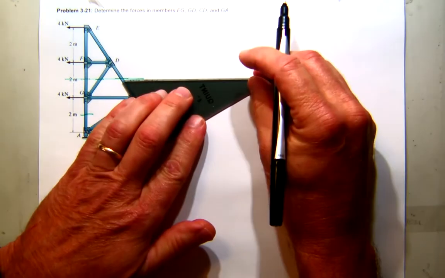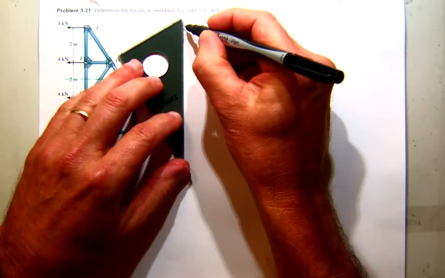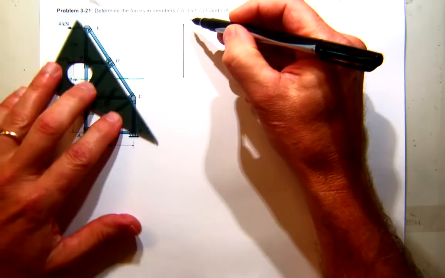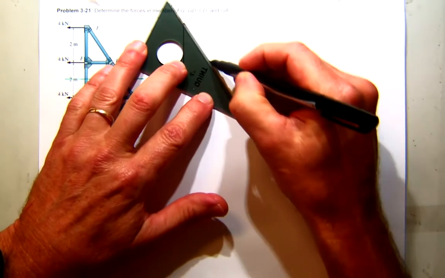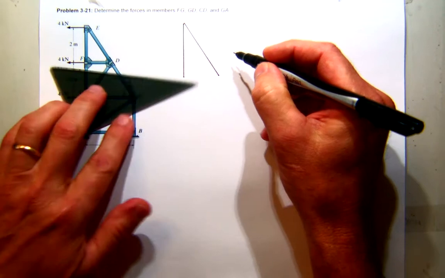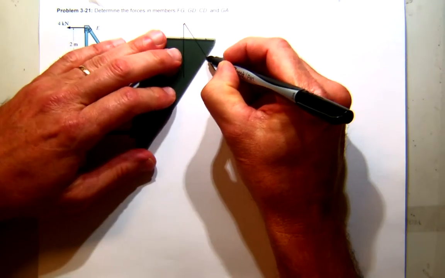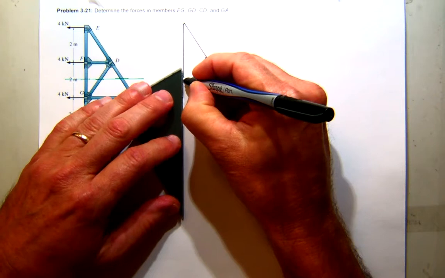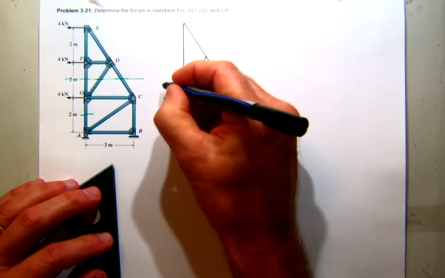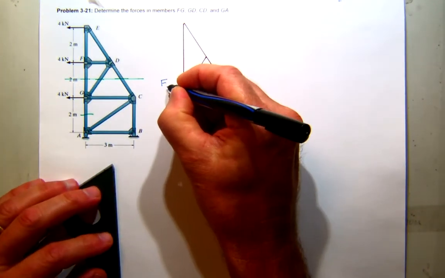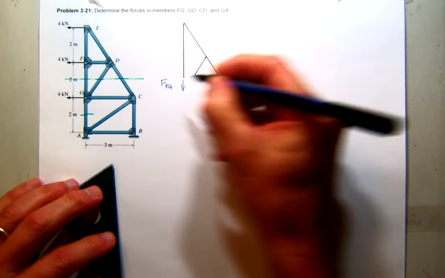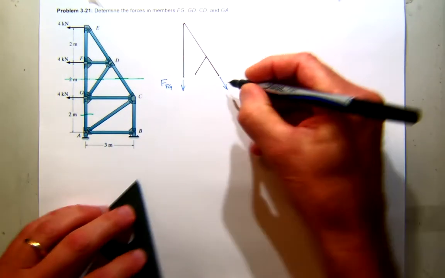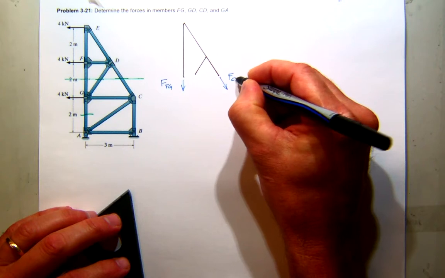So I'm going to come over here and kind of sketch out somewhat of a free body diagram for this thing. So that will give me a force in FG and a force in CD.